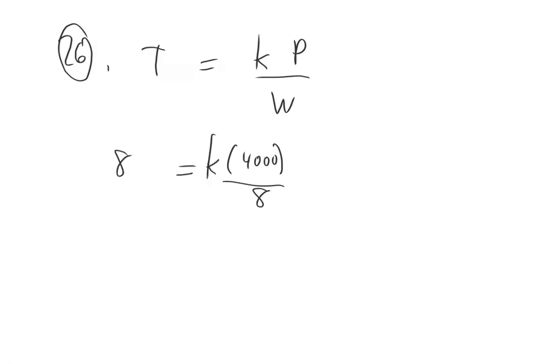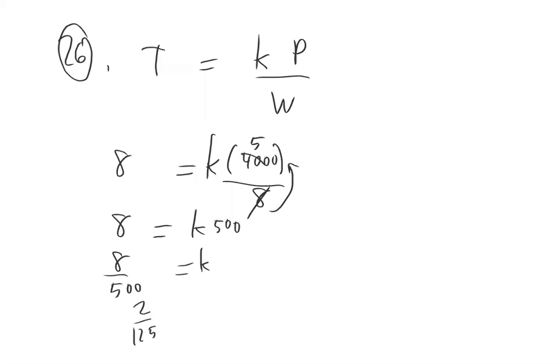So now divide the 8 up into the 4,000. 8 goes into 40 5 times, so that's 500. So 8 equals k times 500. Now divide by 500, so 8 over 500 equals k, and 8 over 500 can be reduced by 4 to be 2 over 125.